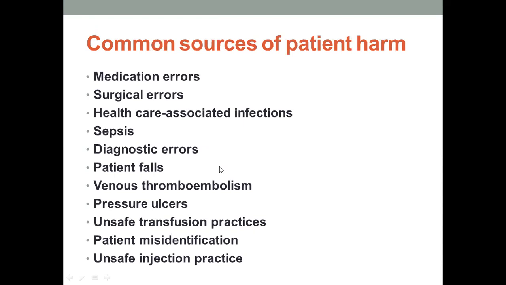Then pressure ulcers, or bed sores. Long-term care patients, if they are not taken care of well, if their movement, body massage, and personal hygiene are not maintained, may get pressure ulcers. Then unsafe transmission practices, patient misidentification, and unsafe injection practices. So these are the common sources of patient harm.